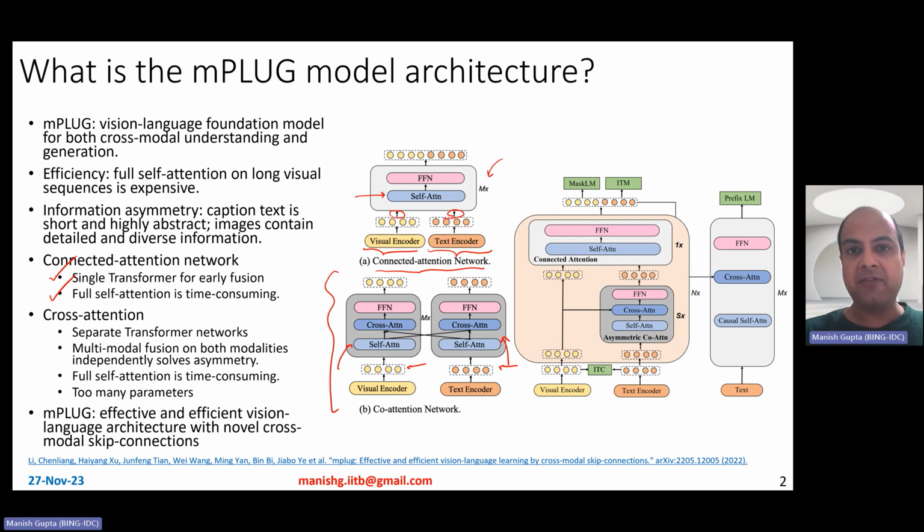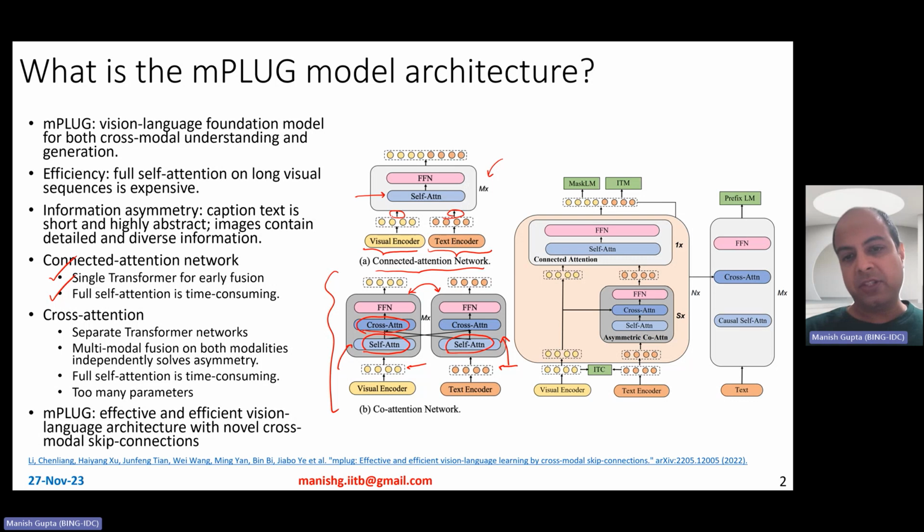Full attention happens on the vision side and on the text side, and then there is also cross attention. They're all time consuming. Plus, the other problem is that you have to maintain two transformer networks, which means too many parameters overall. Those are the two popular ways of doing vision language or multimodal pre-training.